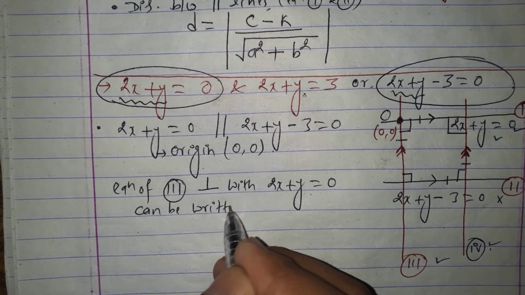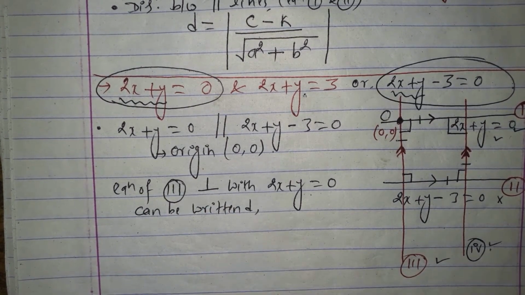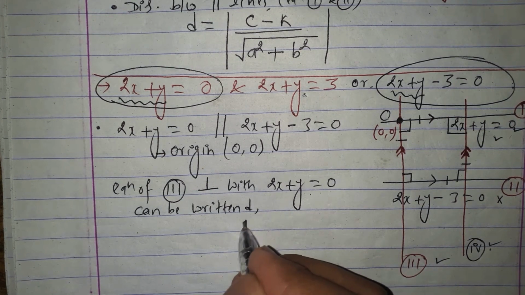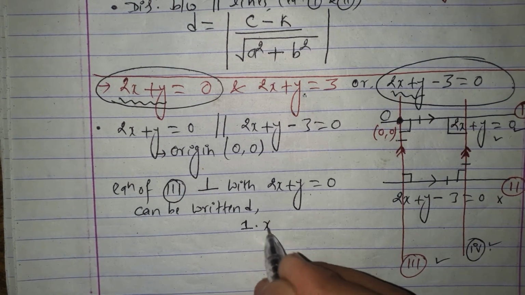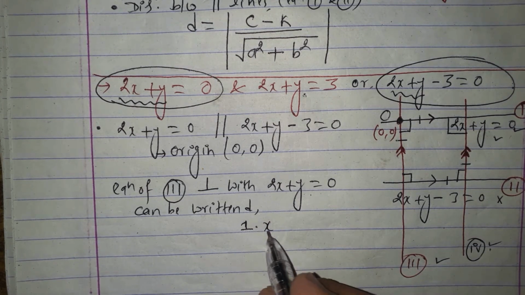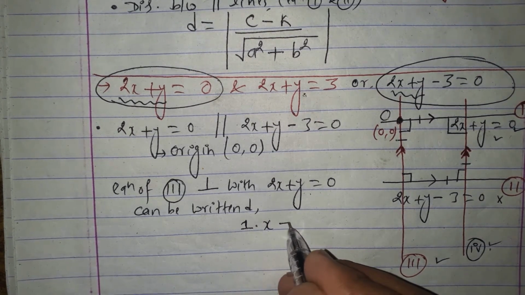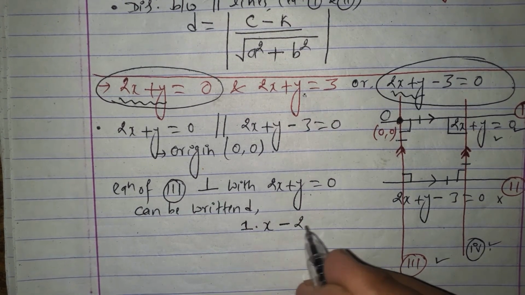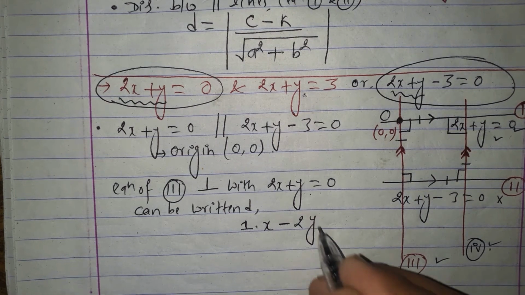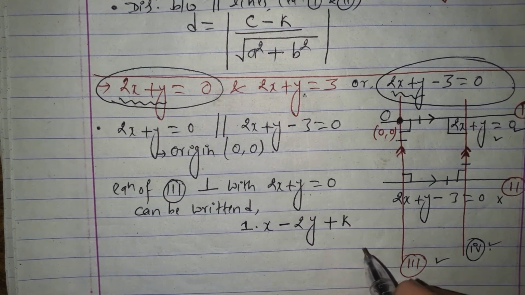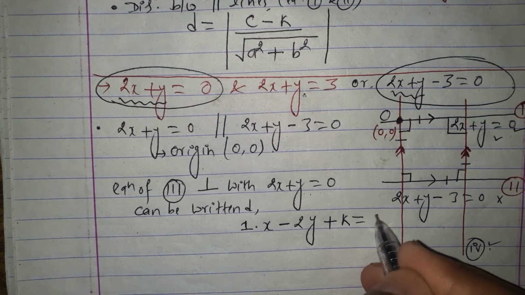as follows. We already studied how to write the equation of perpendicular lines. Here the coefficient of y is 1, so we take 1 as the coefficient of x, with a minus sign. Here the coefficient of x is 2, and we make 2 the coefficient of y, plus another constant, let's say k, is equal to 0.